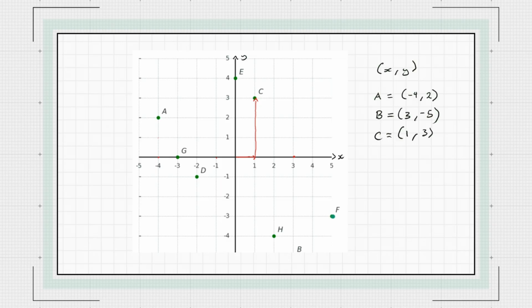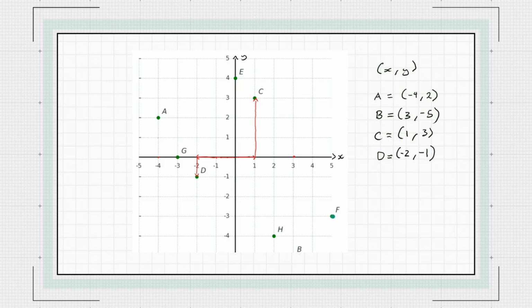Alright, let's look at the next one. So for D, we have across on the x-axis to -2, and then down 1, -1. So the x-coordinate is -2, and the y-coordinate is -1.